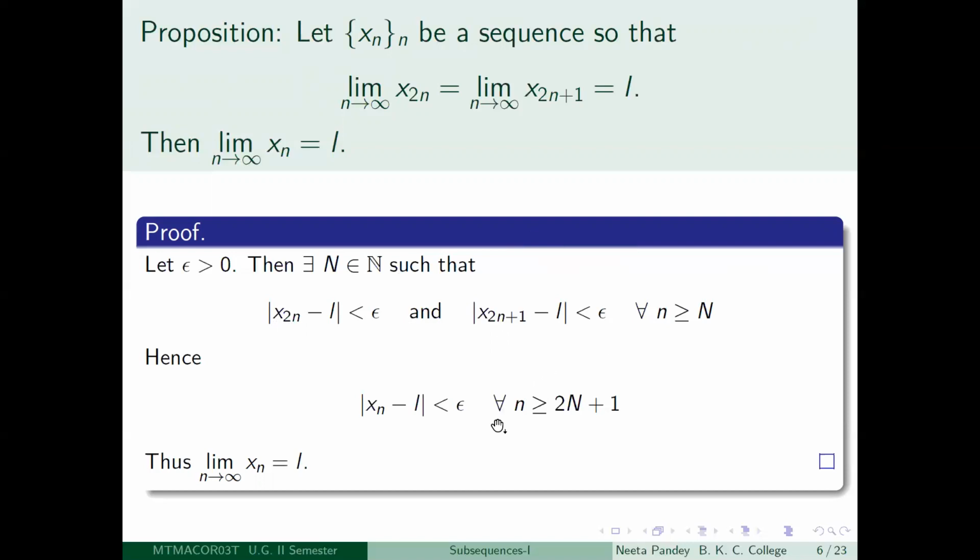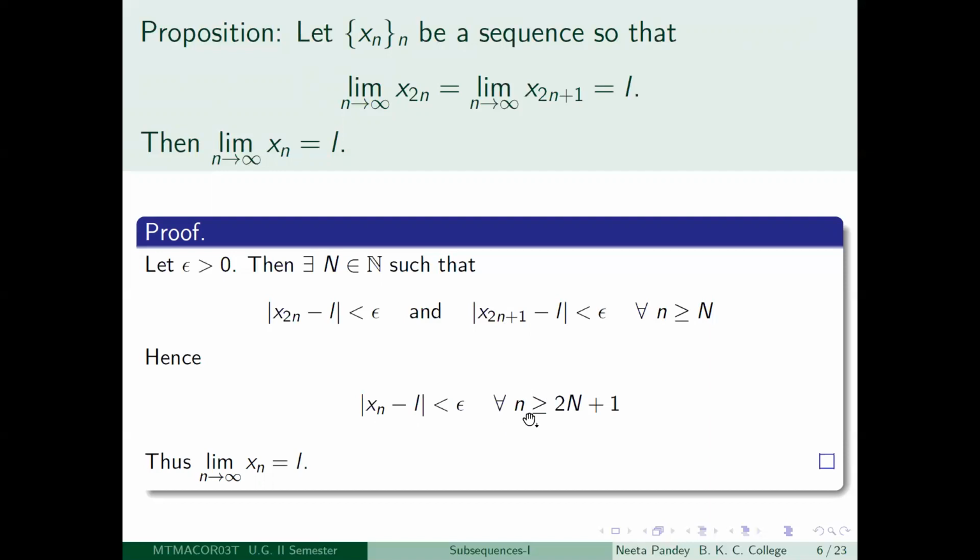So if you take your little n to be greater than or equal to 2N+1, n can be even, n can be odd. If it is after 2N+1, then see, this was the first one here, right? Put n equal to capital N. So x_(2N+1) minus L is less than epsilon.